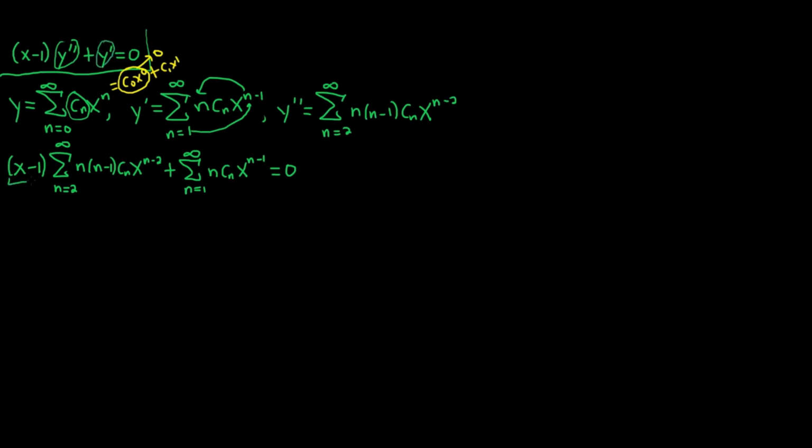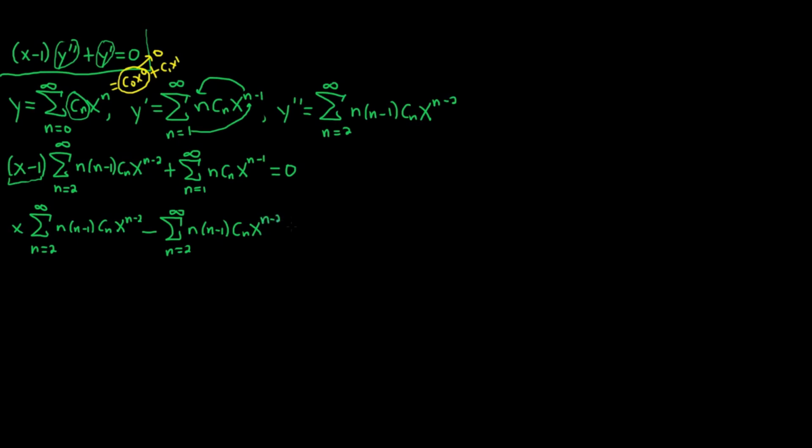This pesky x minus 1 means we do have to break this up. So we're basically going to distribute. So we get to write this as x, infinite sum, lots of writing, n equals 2 to infinity, n minus 1, c sub n, x to the n minus 2, then minus, and then the same thing, n equals 2 to infinity, and n minus 1, c sub n, x to the n minus 2.